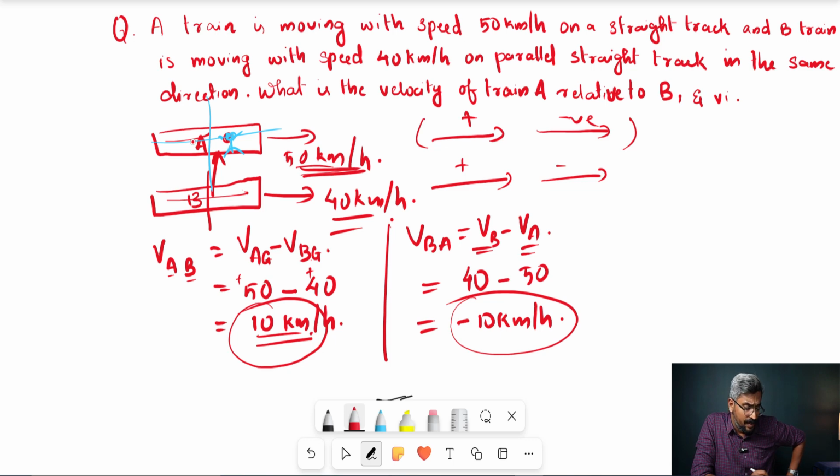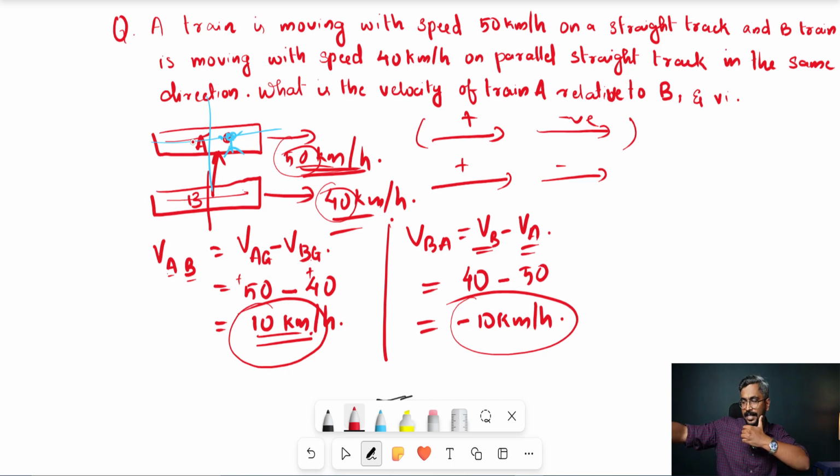Here VA is 50 kilometers per hour, and it has more velocity than the second train, which is 40 kilometers per hour, right? So it feels that the other train is moving at 10 kilometers per hour. But the other train, which is at 40 kilometers per hour, is decelerating, or it has a minus 10 kilometers per hour speed.